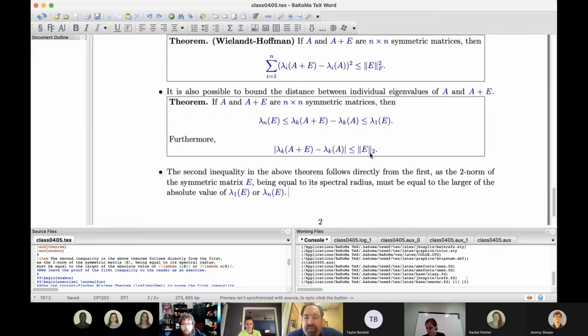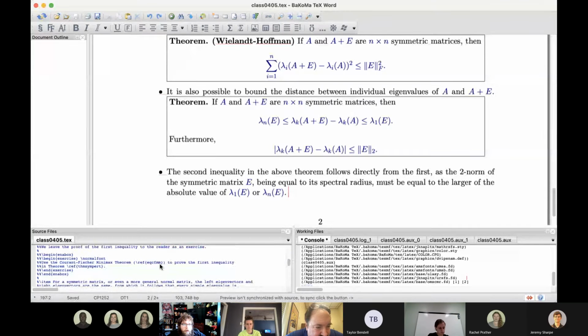And I mean whichever norm you're using. So that's how the second inequality follows from the first one. Proving the first one I actually left as a homework problem, although I did not assign that one, but it is one of the explorations in this section.